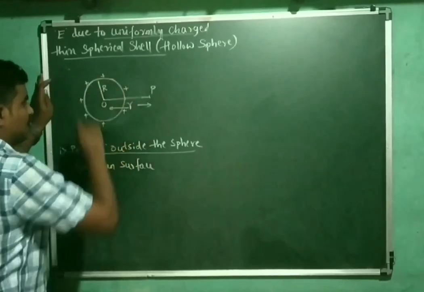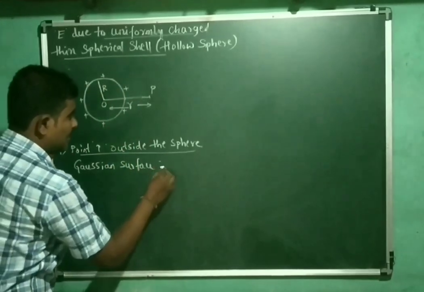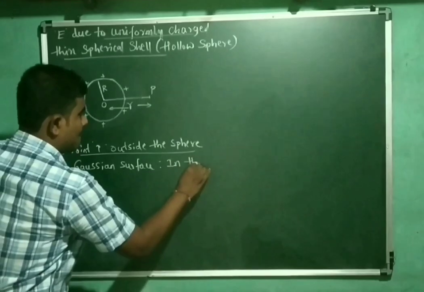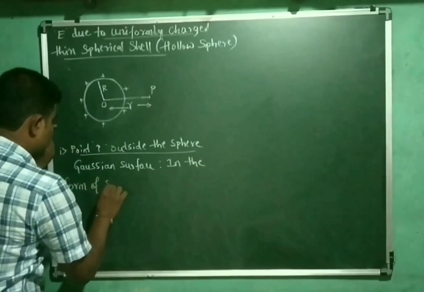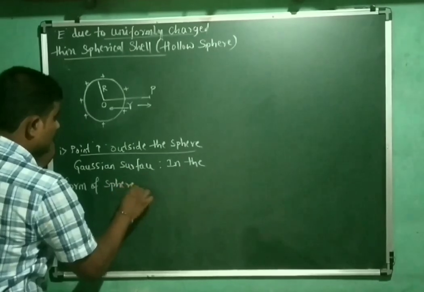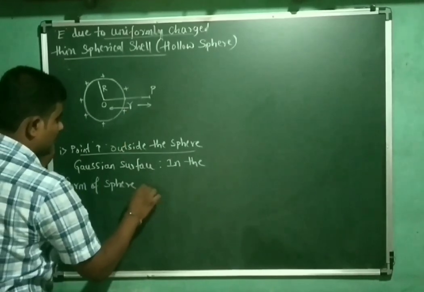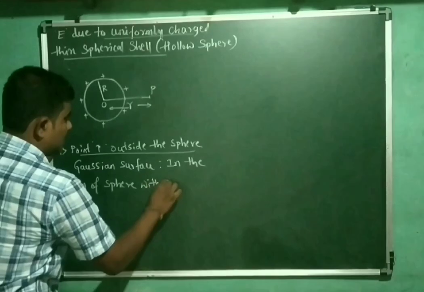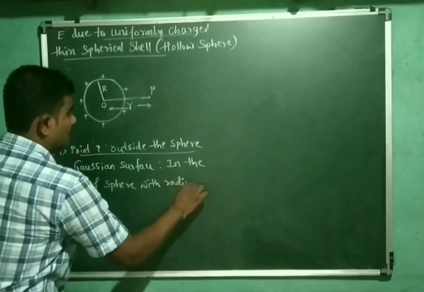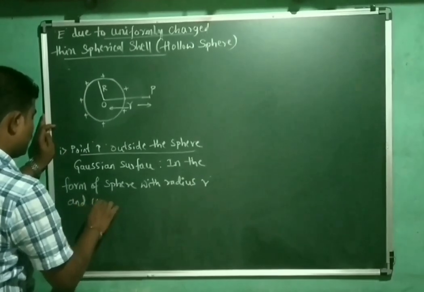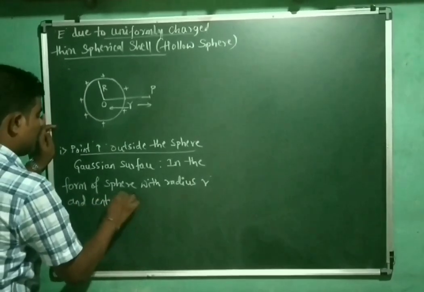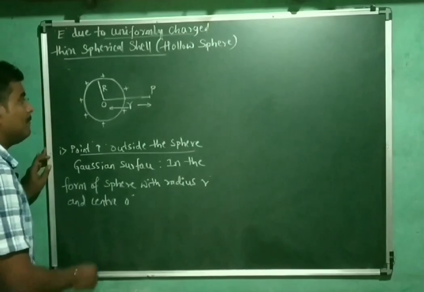Since it is a shell, we shall consider the Gaussian surface in the form of a sphere, with radius R and center O. My dear students, please observe here.